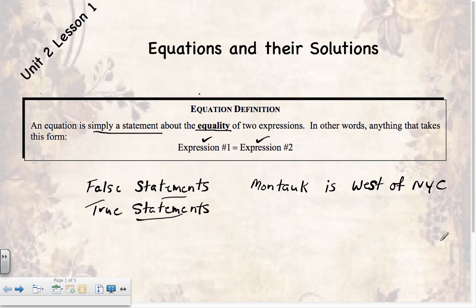Well, that's a false statement. Montauk is east of New York City, but it's still a statement. There's still a noun, there's still a verb, and there's still a direct object.